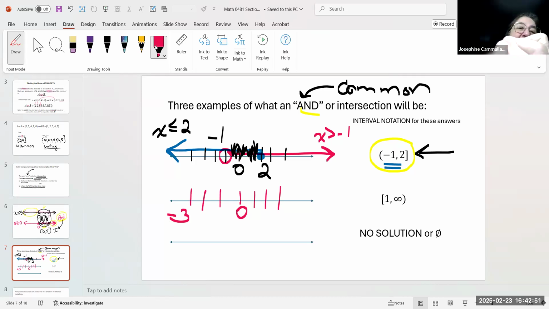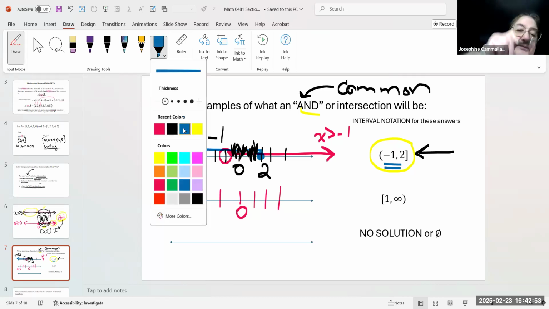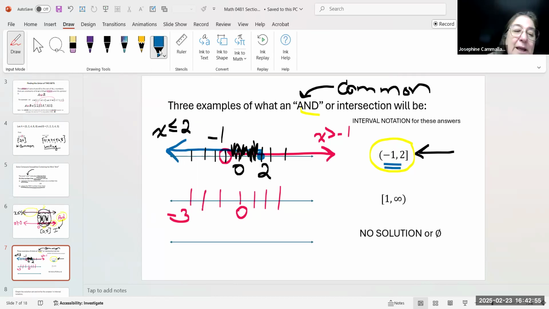Now, I have an equation that is going from -3 all the way this way. This is x greater than -3.